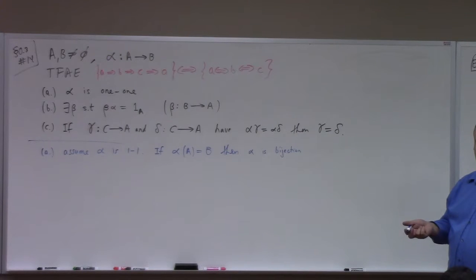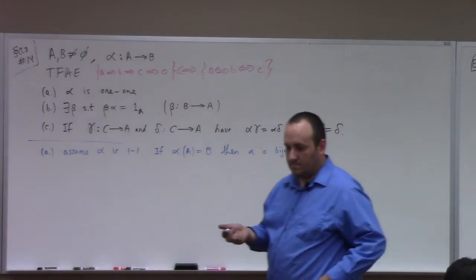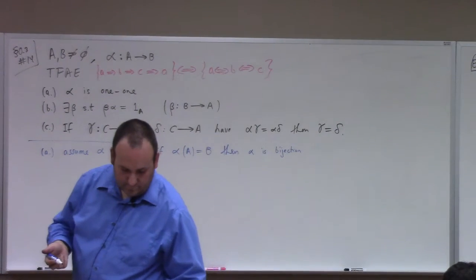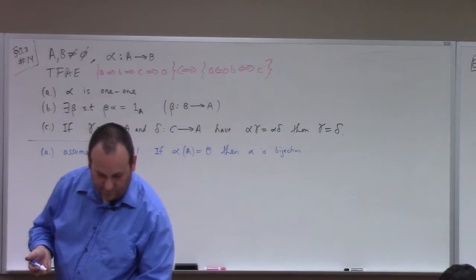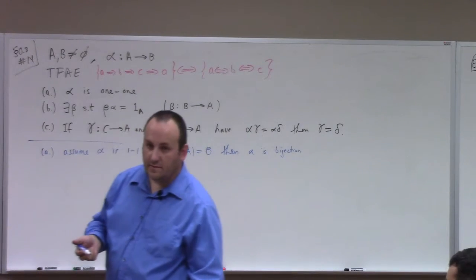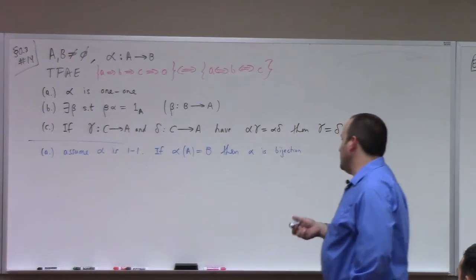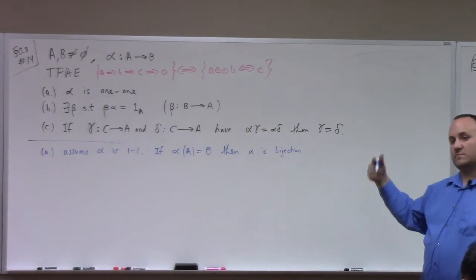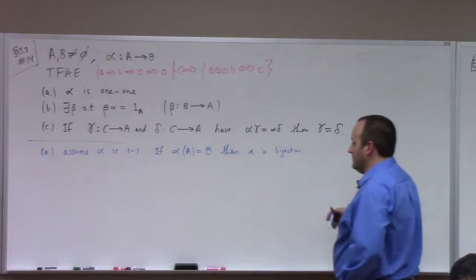Consequently, by theorem 6, the invertibility theorem, the inverse exists. Alpha from A to B is invertible if and only if it's both 1 to 1 and onto. So if it's also onto, then I can use theorem 6.